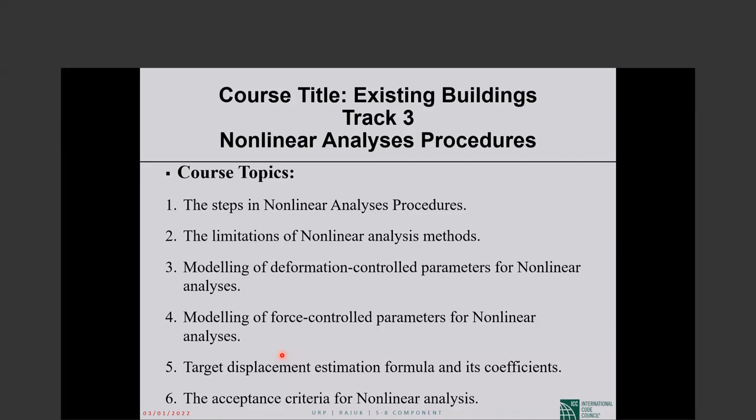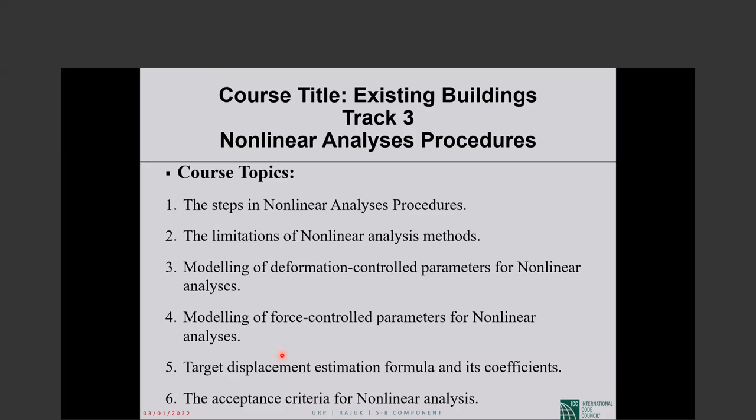Number 5 is a formula that, instead of calculation of the base shear, here in the nonlinear static approach, we should calculate target displacement. So base shear was the quantification of earthquake in elastic analysis.